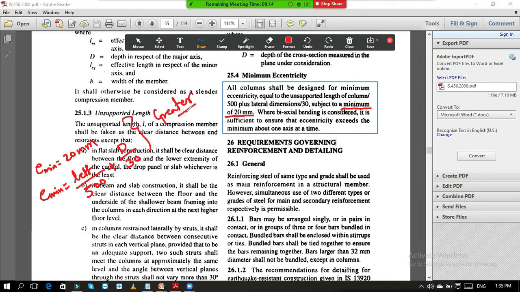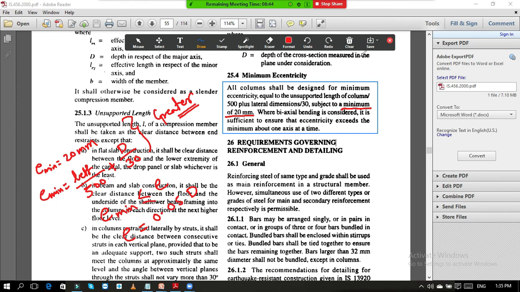The greater value of these two is nothing but our E minimum, and this calculated E minimum should always be less than or equal to E. And how do we calculate this eccentricity E? So E is 0.05 into D. In this way we will calculate this.